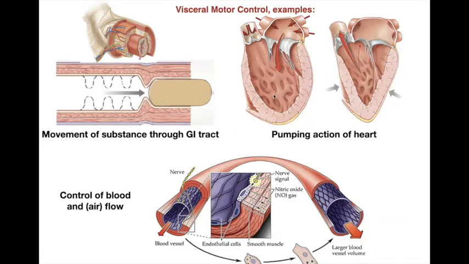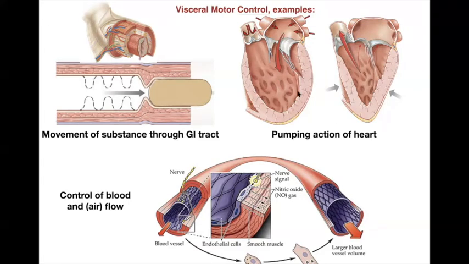Or in your heart, the special example of your heart, with that cardiac muscle. You can feel it right now. You put your hand on your heart, you feel that pumping. That's a contraction of the cardiac muscle, because your heart is this big pump that squeezes blood out into your blood vessels.